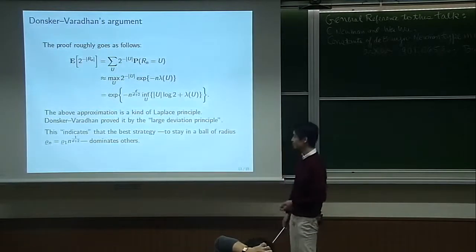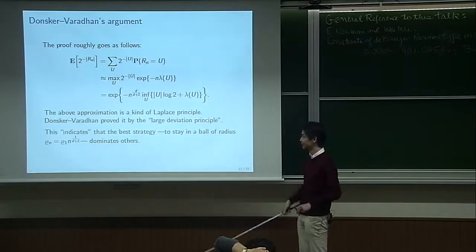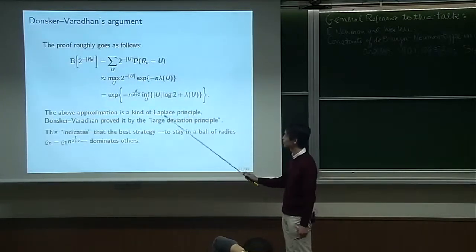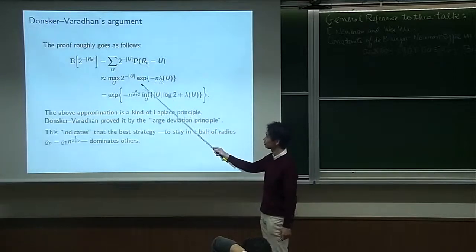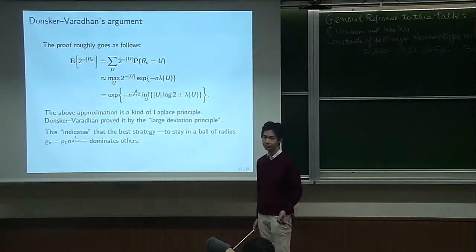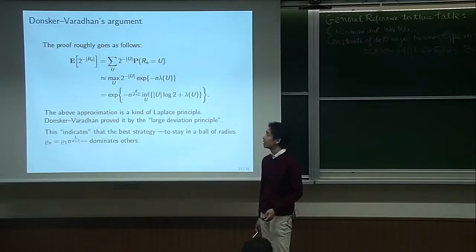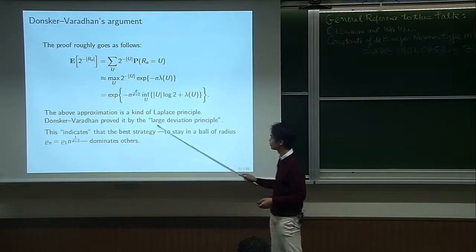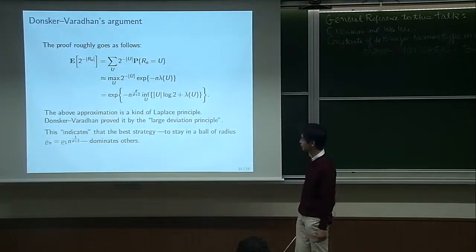And in such a situation, it is at least vaguely known that something called the Laplace principle holds, which means that this huge sum is essentially supported by its maximal summand. And that can be proved in this setting. It requires the huge theory of Donsker-Varadhan, which is called the large deviation principle.